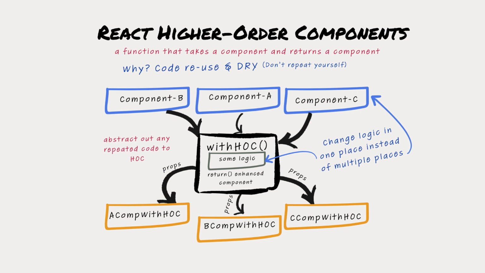So in this case, we can abstract out the common logic between these 3 components and put that in our higher-order function and then return an enhanced version of the component. This way, you're changing the logic in one place instead of in multiple places. This is really useful in large applications, and it's very commonly used in third-party libraries.